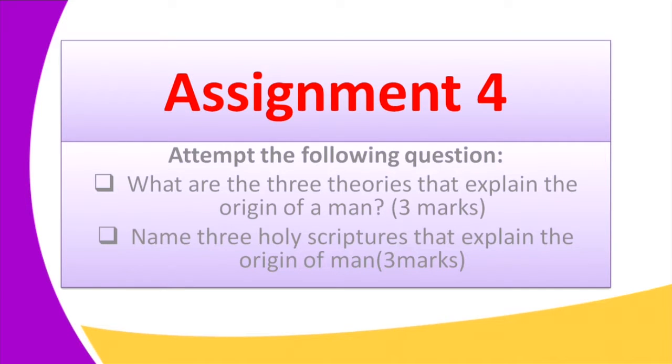So the first question was, what are the three theories that explain the origin of man? There are three. We have a traditional theory, also known as the oral tradition theory, which is based on myths or stories that explain the origin of something.